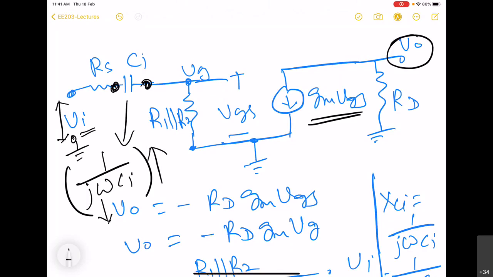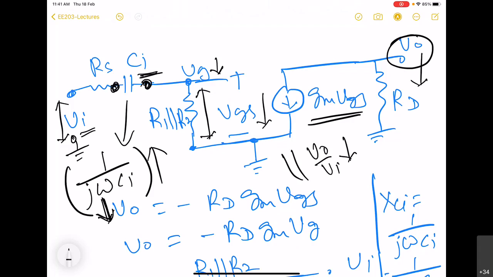That means the voltage across this parallel resistor, which is VG, is going to decrease. If VG decreases, this current is going to decrease, and if this current decreases, the magnitude of the voltage developed across VO is also going to decrease. That means VO by VI is going to decrease. So we find that if you reduce the input frequency, your voltage gain is again going to decrease, right?